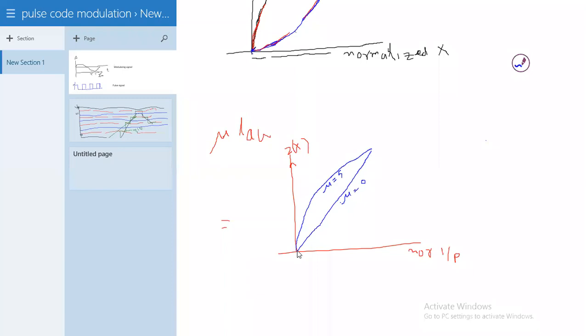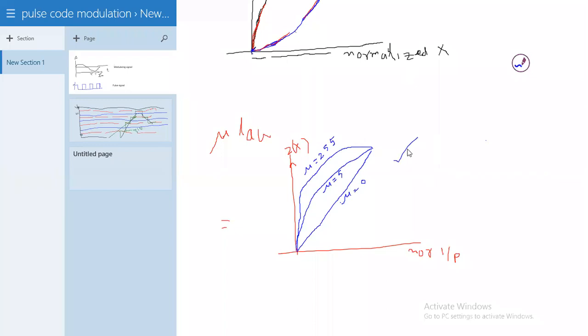If mu equal to 255, this is the value. These are the characteristics for the mu law.